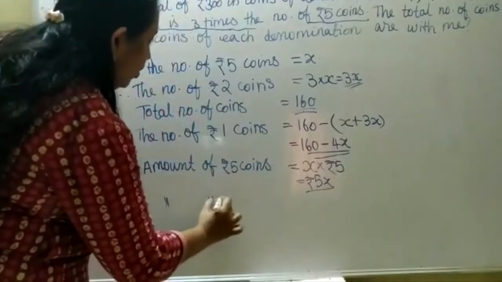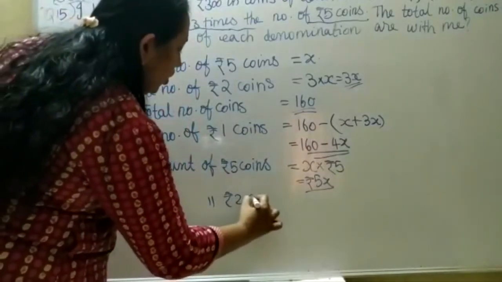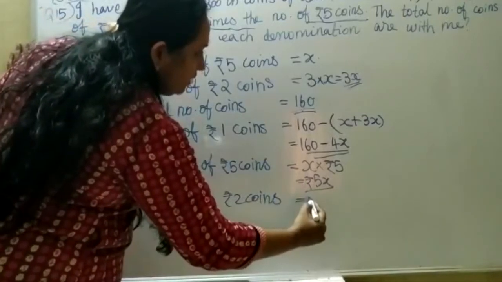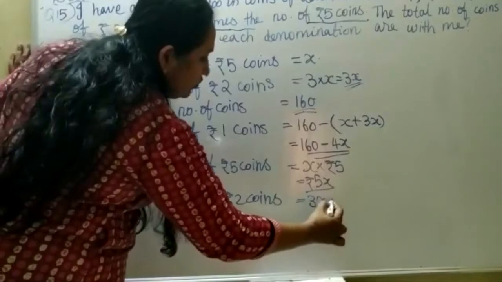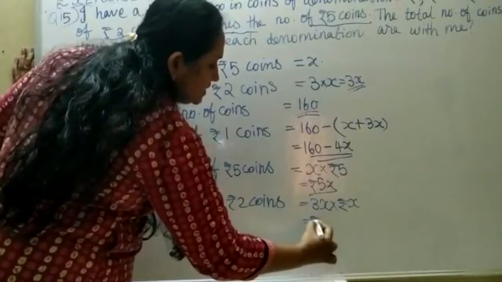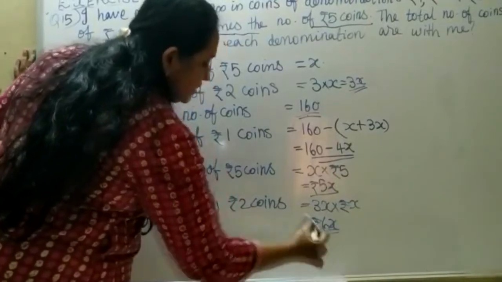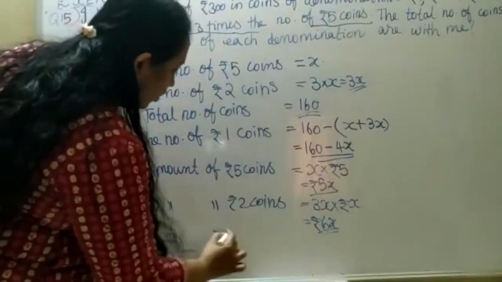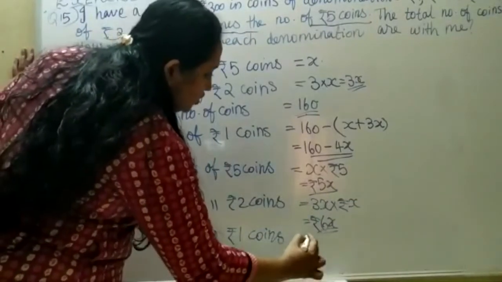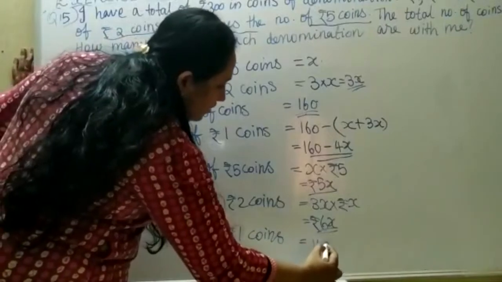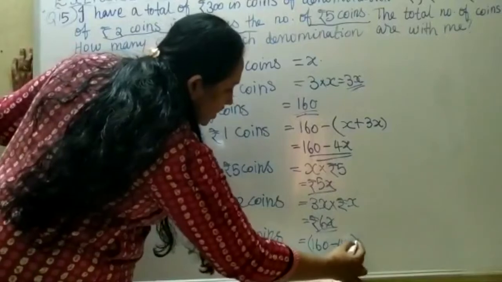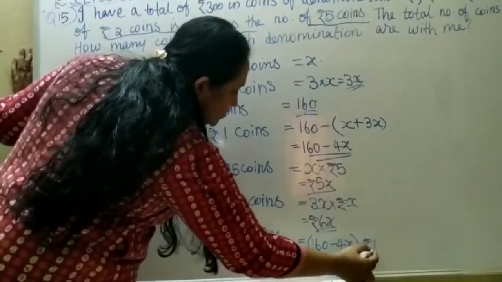Similarly, the amount of rupees 2 coins is the value 2 multiplied by the number of coins, so we get rupees 6x. And the amount of rupees 1 coins is 160 minus 4x multiplied by rupees 1.